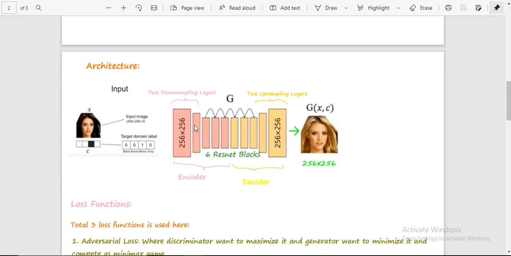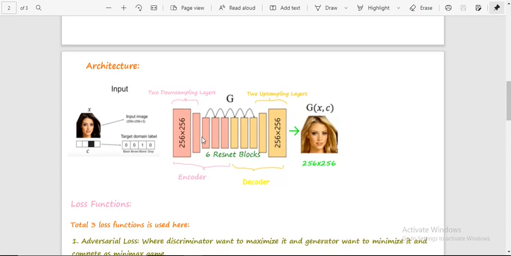So the input image X goes through two downsampling layers, and then there are ResNet blocks, 6 in total, where the first 3 are for the encoder and the last 3 are for the decoder. Then there are 2 upsampling layers, and it produces the output at 256 by 256. That is the general architecture for the generator.